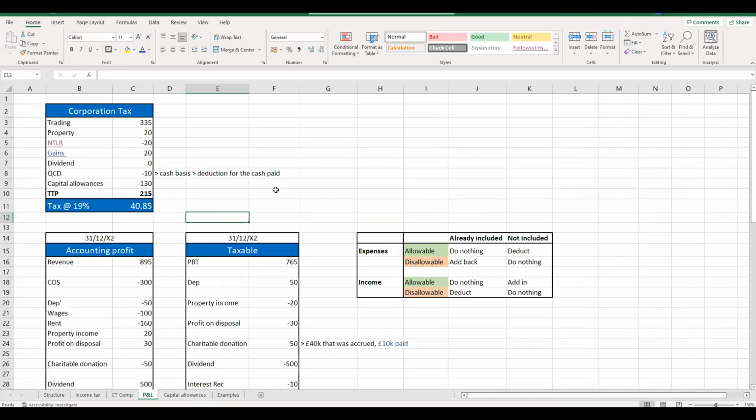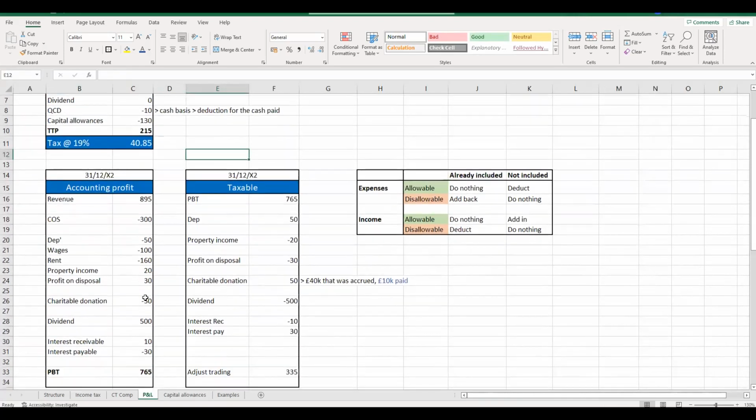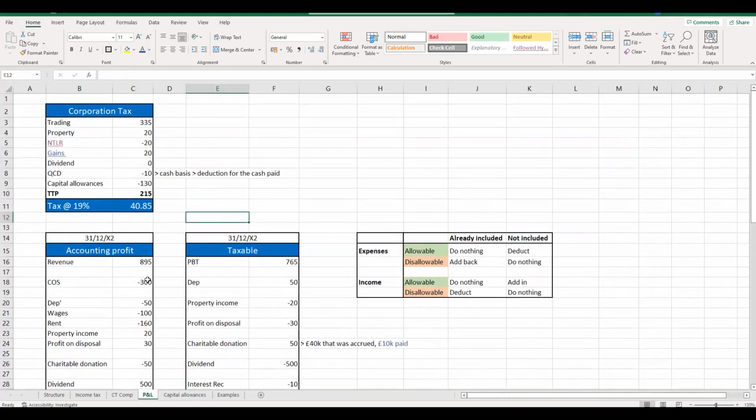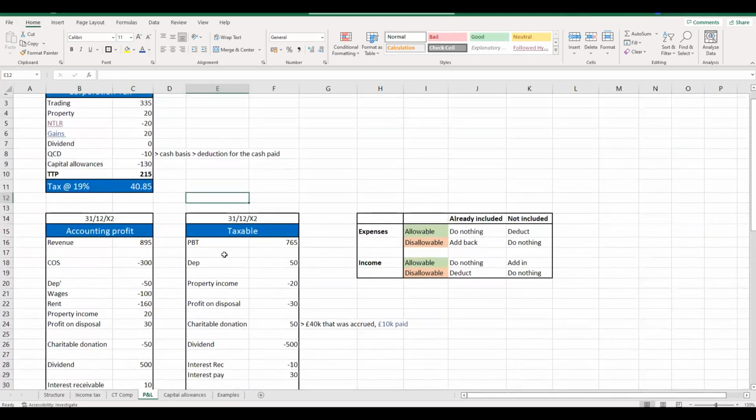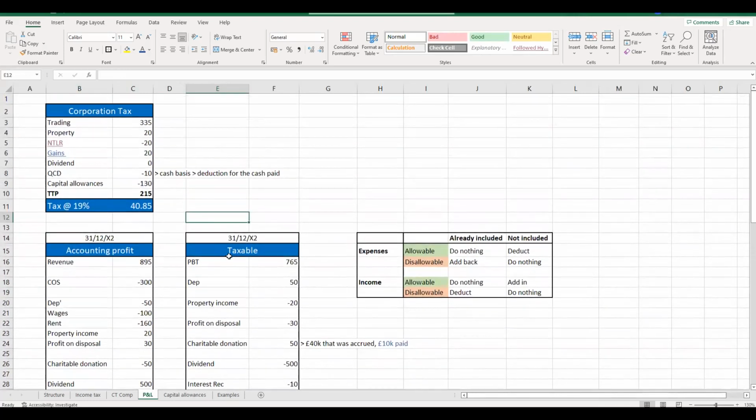So we've worked through a relatively simple example here in terms of going from accounting profit to taxable profit. Now, the other thing we need to consider is when companies are actually going to pay their corporation tax. Because again, what we saw with individuals was that they were dictated and governed by the tax year.